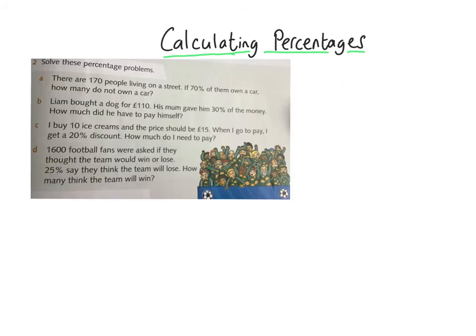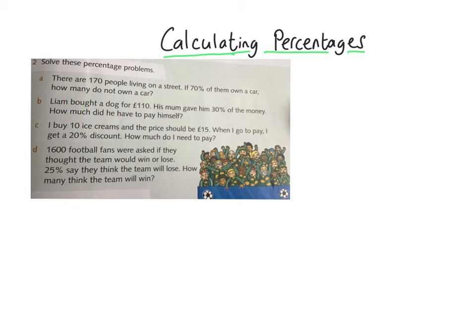Similarly, question 2 of challenge 2 has word problems. Okay, so let's look at a couple just for an example here. The important thing is that you read the question really carefully. So there are 170 people living in a street. If 70% of them own a car, how many of them do not own a car?